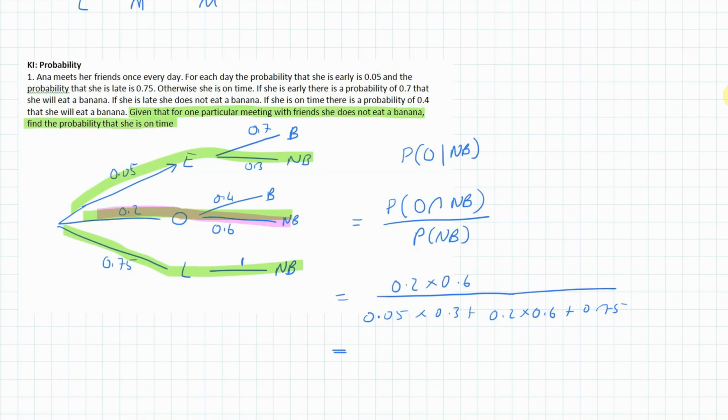Oh, I think I know what I did. Plus, no times there. Okay, I'm getting 8 over 59 for this. 8 over 59, or 0.136.